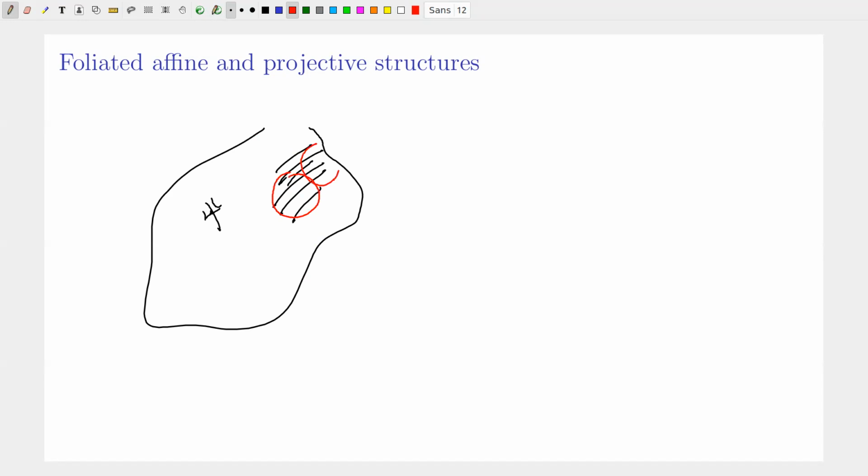You take some maps, which will be the charts, into C, such that if I restrict these maps to some integral curve, they are holomorphic maps, and these holomorphic maps give, when restricted to each leaf, an affine or a projective structure.